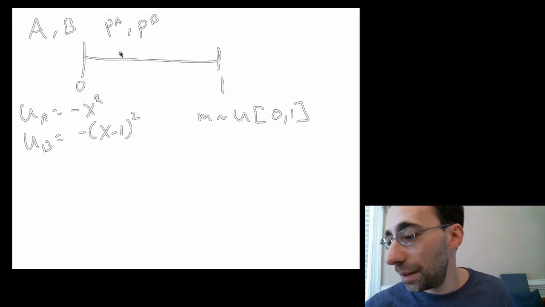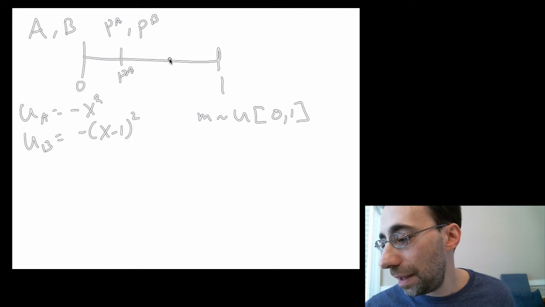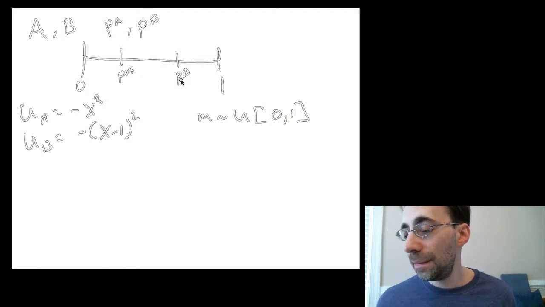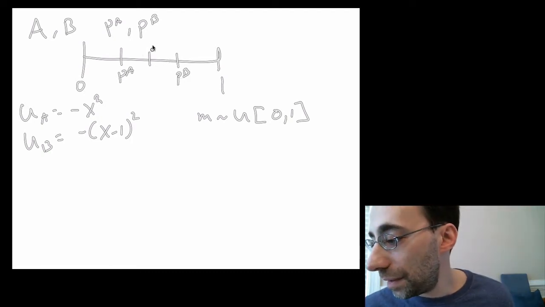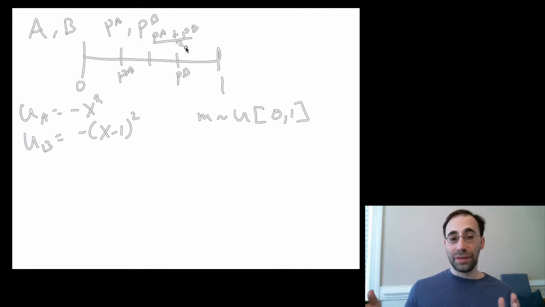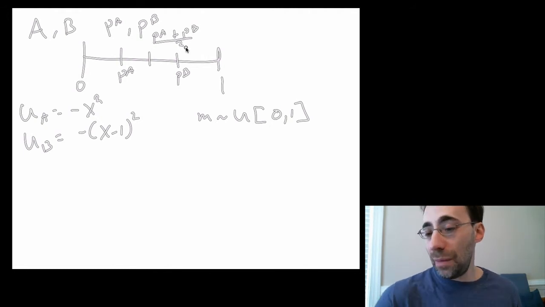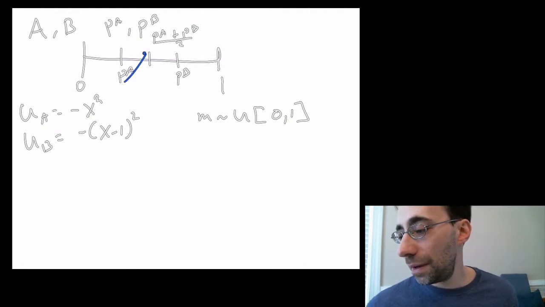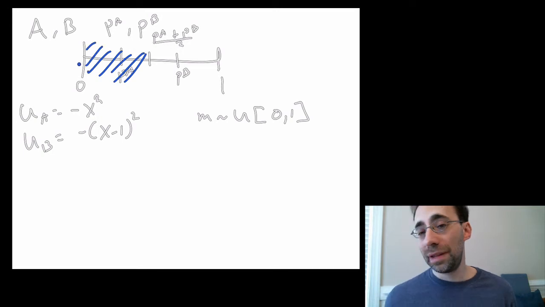Now, let's say you have A here and B locates here. Then the midpoint of these two points is (PA plus PB) over 2. And we know that whenever the median ends up being over here, then A wins.